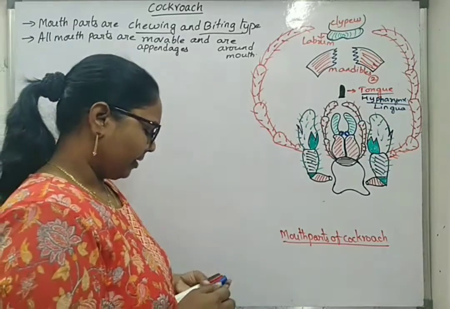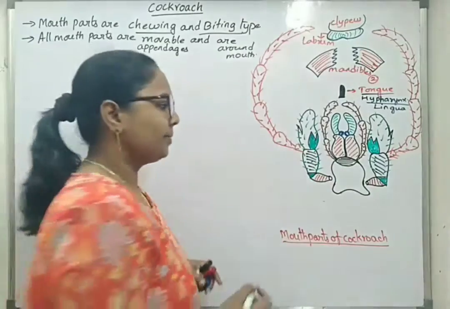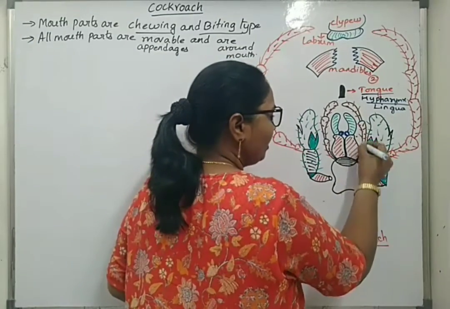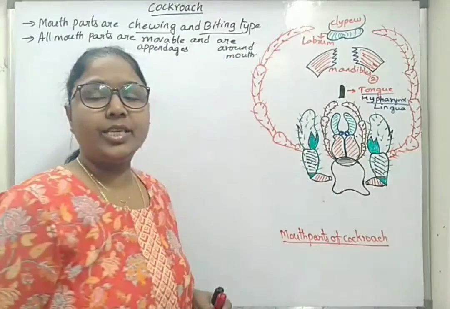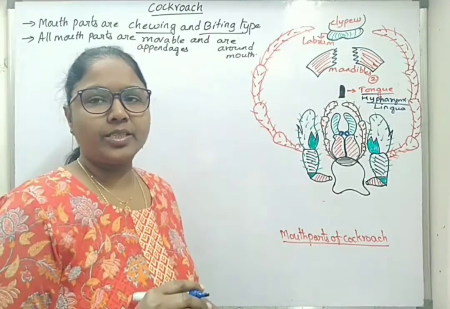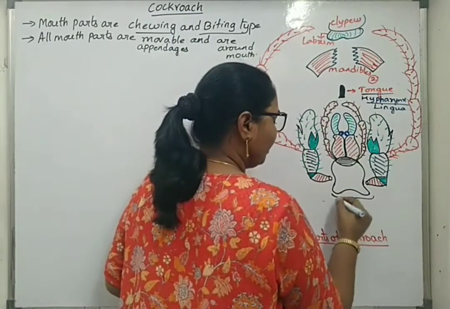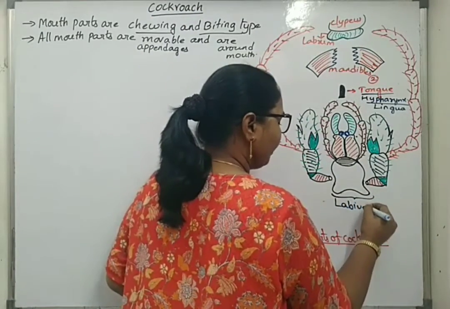One single tongue. Next, labium or lower lip. It is considered initially as a pair, but later it is fused to form one single structure called labium.